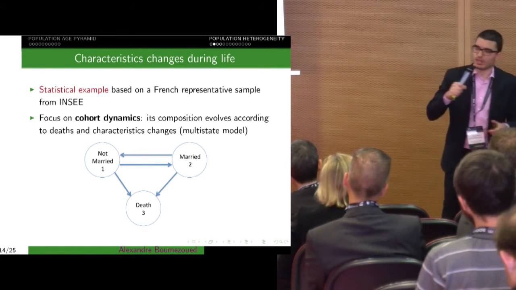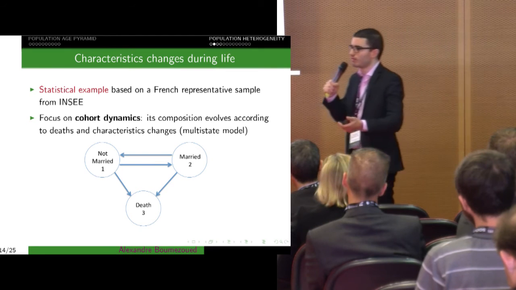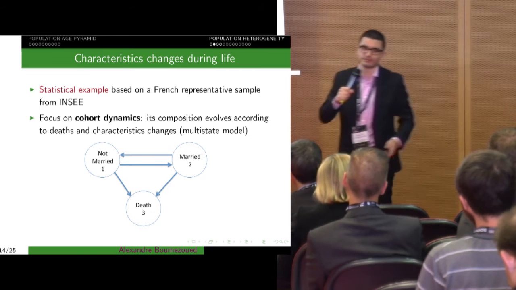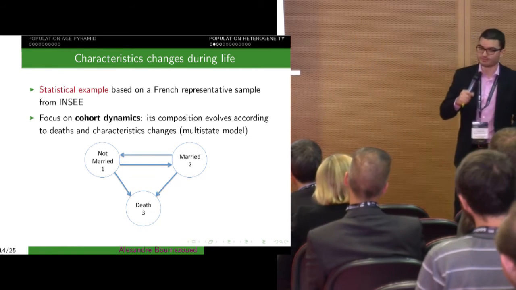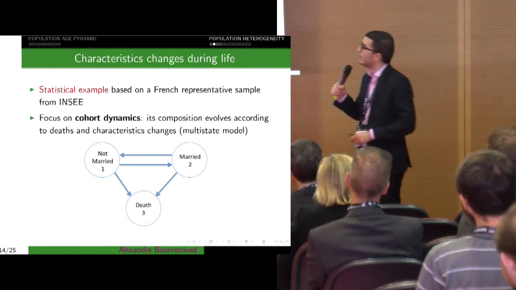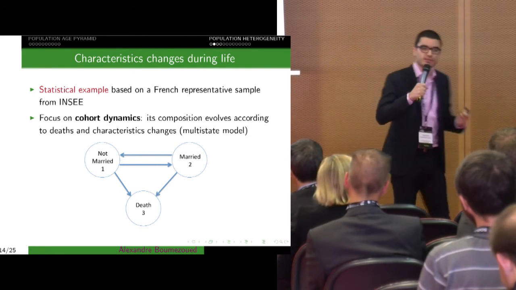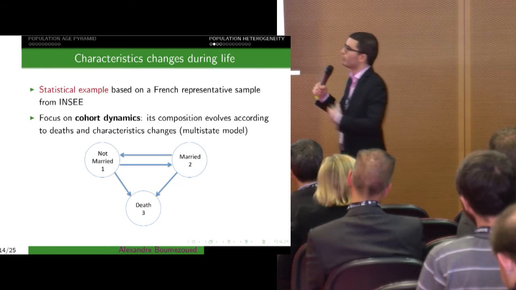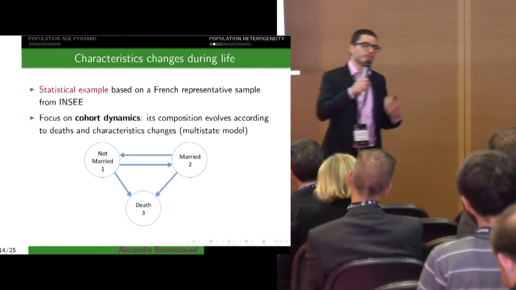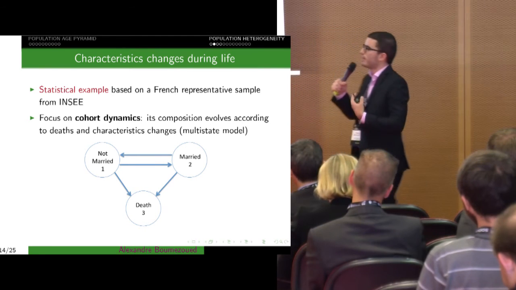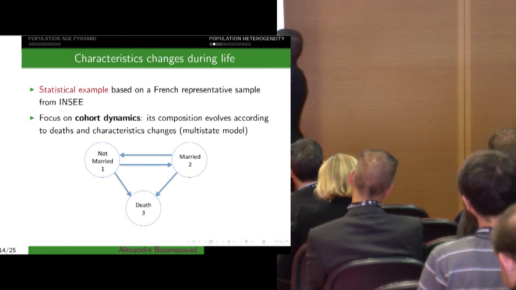You have a given age, then you are married, non-married, married, non-married, then you die. This is a very simple multi-state model. You are interested in estimating the transition intensities: the rate to become married, to become non-married, the rate to die if I am married, the rate to die if I am non-married. Then you capture the whole multi-state dynamics.